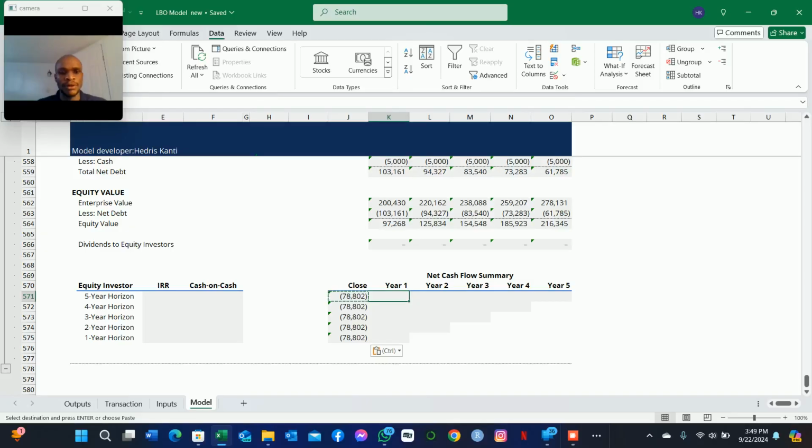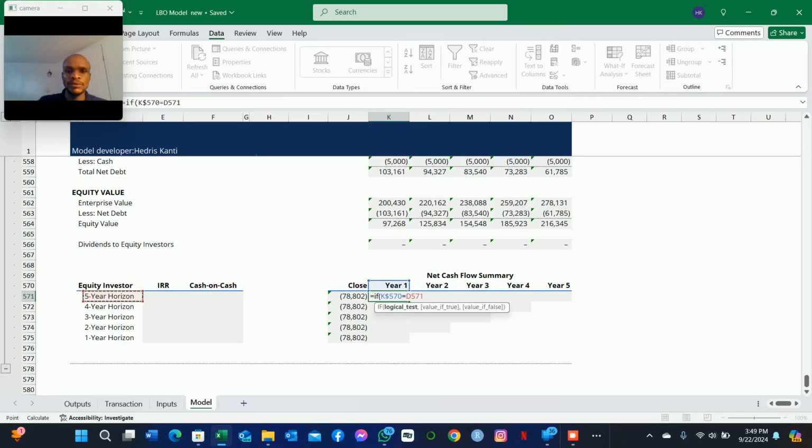So here we're going to say that it's going to be equal to IF the year that we are in is, we have to reference this cell with F4 2 times, equal to our fifth year or whatever year we have here, reference that cell with F4 3 times, so that we can always copy and paste it down.